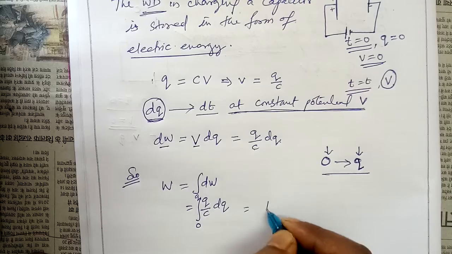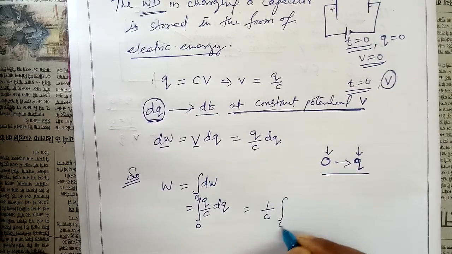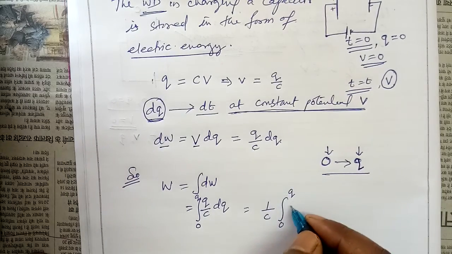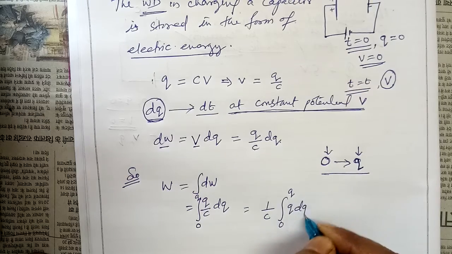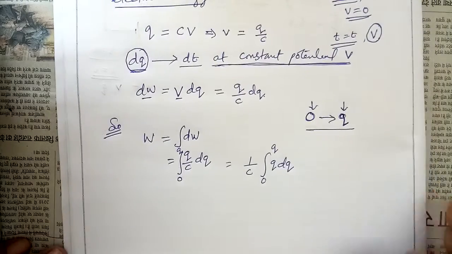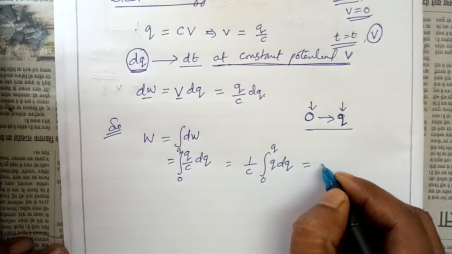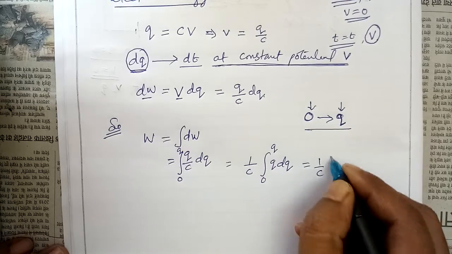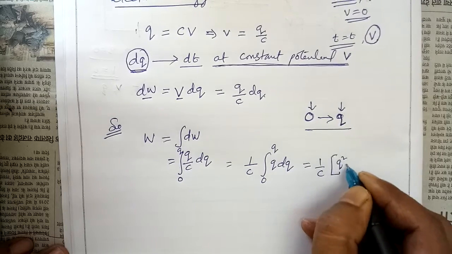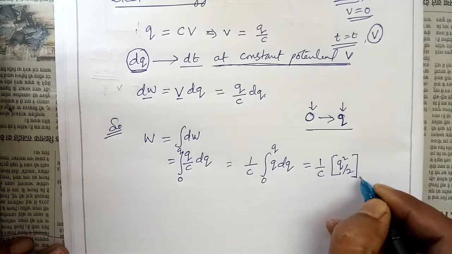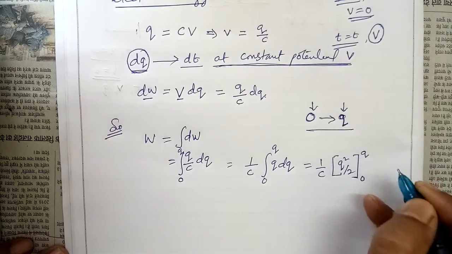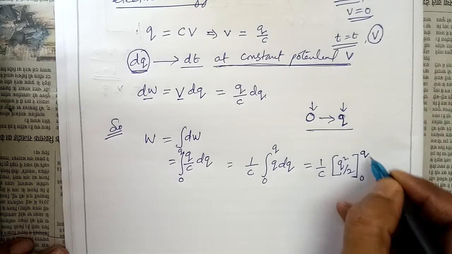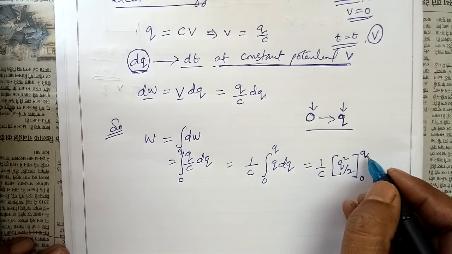We see that 1 by C is common, and the integration of q happens to be 1 by C into q square by 2, with upper limit q and lower limit 0.